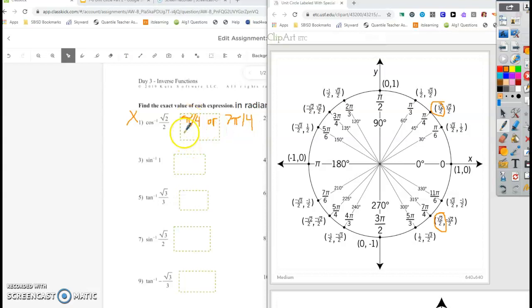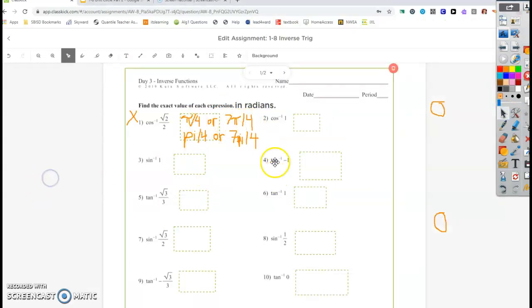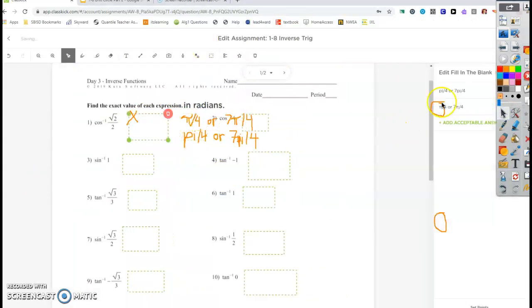Or instead of using the symbol pi, you can spell out the word pi, so that's pi divided by 4 or 7 pi divided by 4. So either one of those options is going to work. You can write it like the first line or like the second line. And then when you put it up, it should tell you it is correct. And if it doesn't, then let me know.